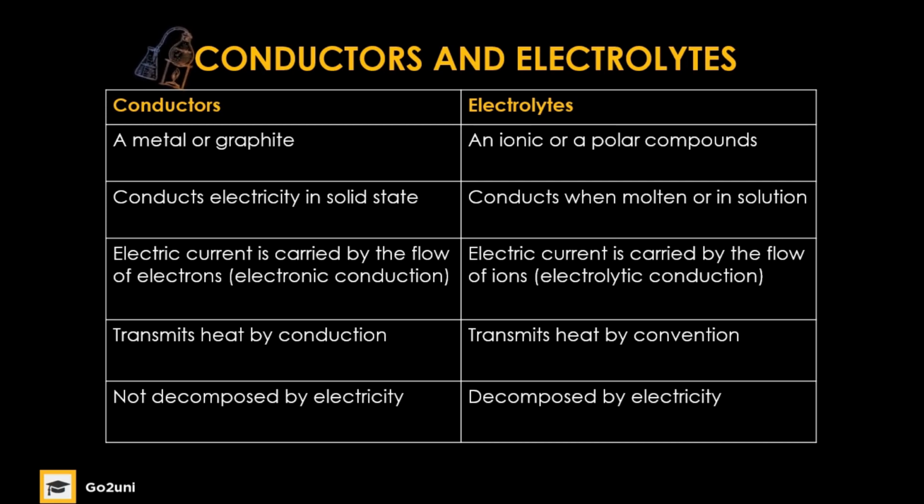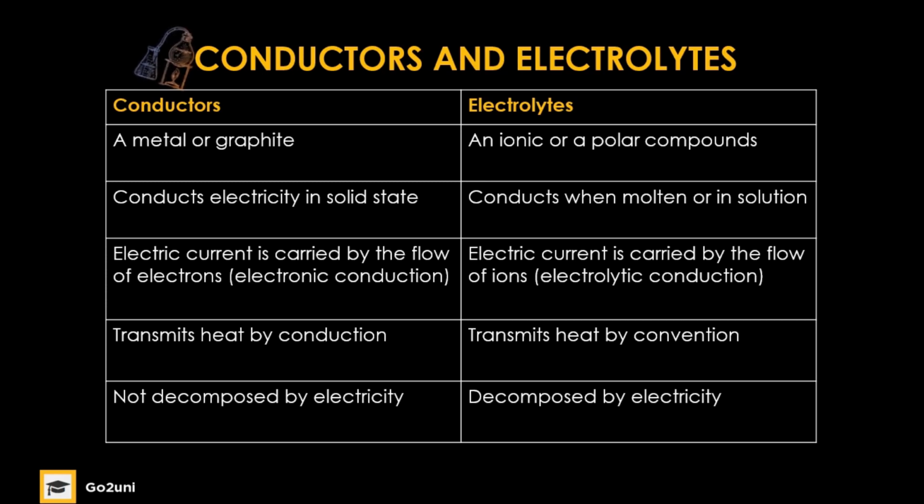Now, another difference is that metallic conductors conduct electricity in their solid state. Metals, for example, are in their solid state, but electrolytes conduct electricity in their molten or aqueous state, that is, in solution form. Next, when conductors conduct electricity, the electric current is carried by the flow of electrons.